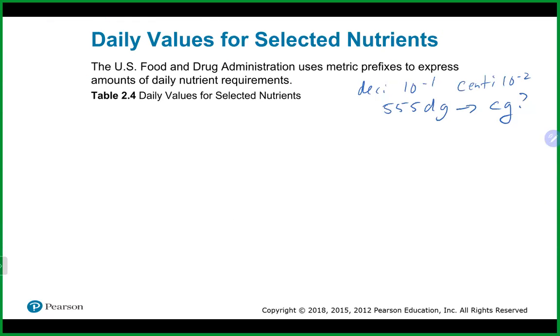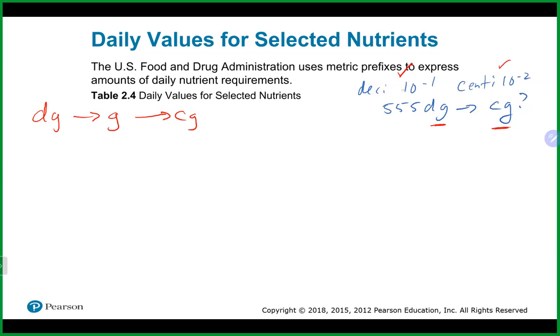Okay, let's take a look. So first off, we're going from decigrams to centigrams. Our base unit is grams, so that pathway is probably the best move. So take it from decigrams to grams, and then from grams back out to centigrams. Again, by looking at a table such as the one we saw on the previous page, you're able to find those conversions relatively easily.